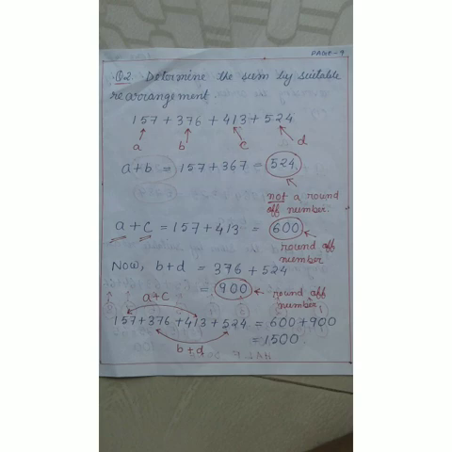B and D. So if we check, B and D also make a round off number, which is 900. Now we can group the numbers as A plus C plus B plus D and gives us 600 plus 900, which is 1500.